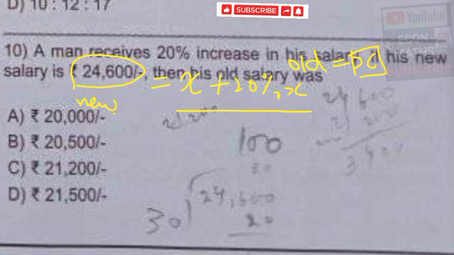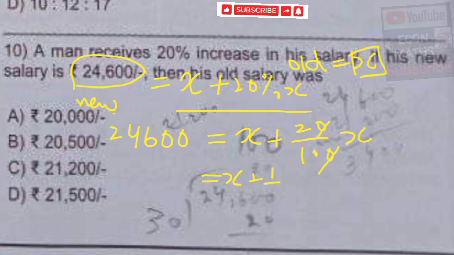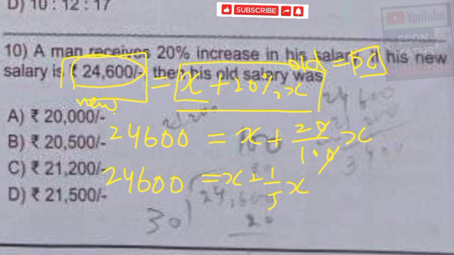So our new salary 24,600 should be equal to X plus 20% of X, that is 20 divided by 100 of X. This comes out to be 2 by 10, which is equal to 1 by 5, or X plus 1 by 5 of X should be equal to 24,600. Since this is also new salary, we are solving for X.